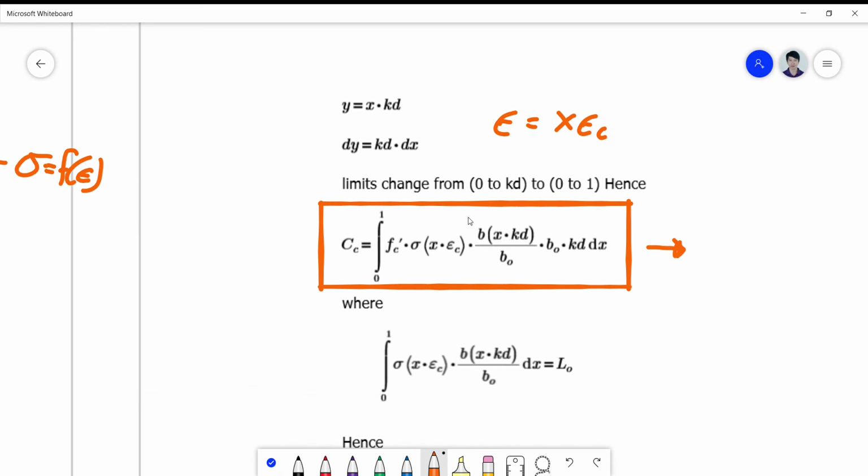Okay, and then why do we have to divide it by bo? Because we want to have at the end of our equation an area. What's an area? Area of a representative rectangle, or simply an equivalent rectangle.